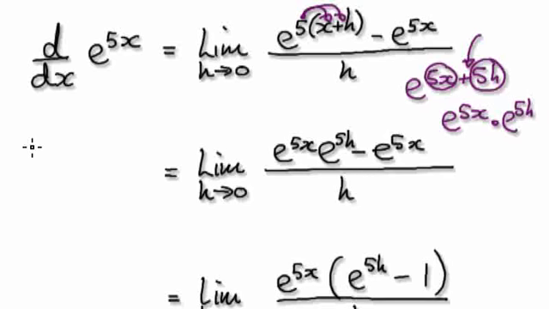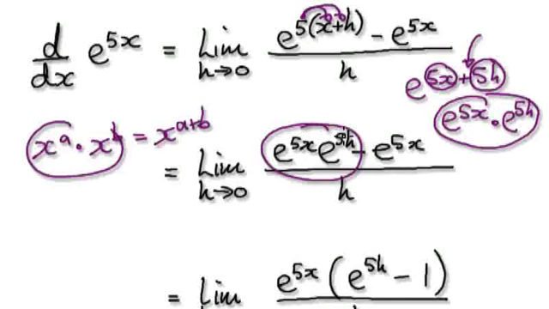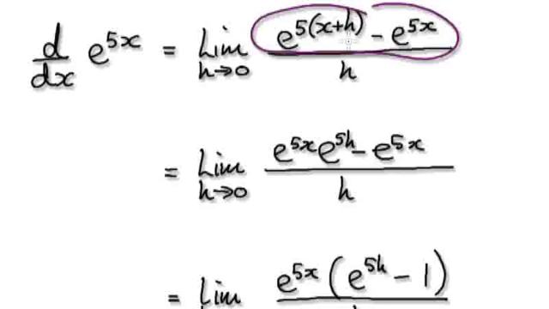Remember, x to the a times x to the b is the same as x to the a plus b. So this whole thing becomes this.